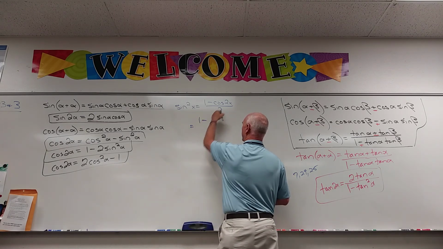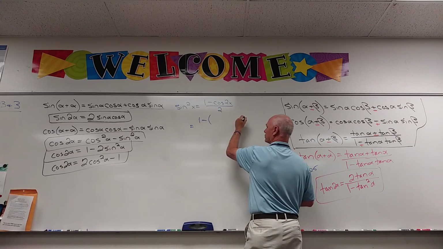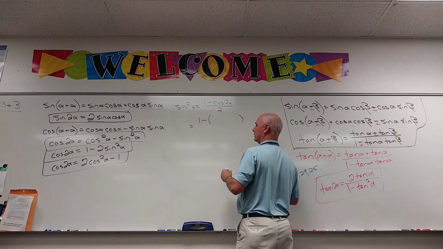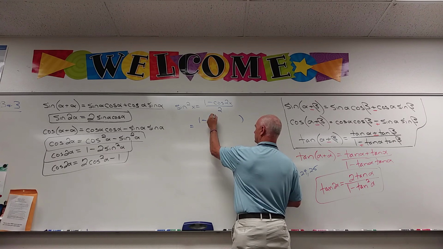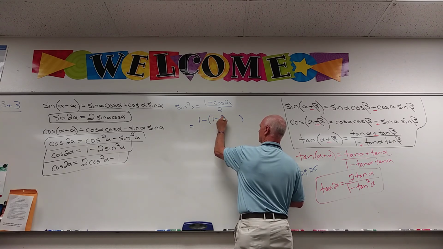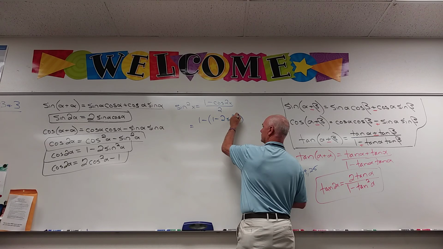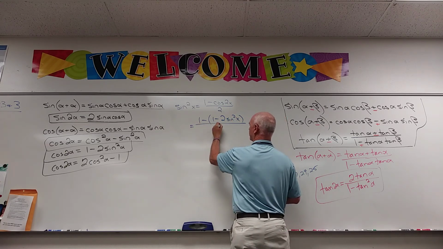So that gives us 1 minus, now, the cosine of 2x, I want to make sure I put in parentheses, correct? And that gives us 1 minus 2 sine squared of x over 2.